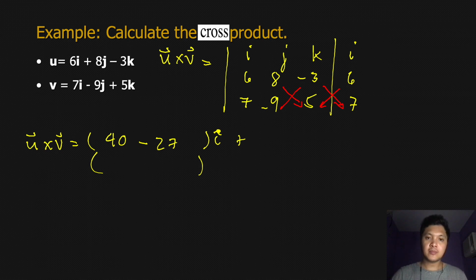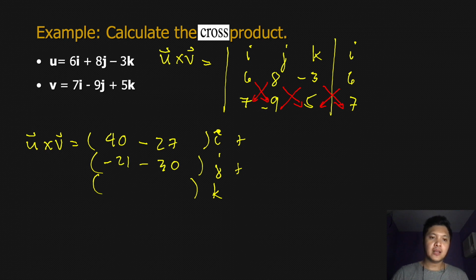So negative 21 here, minus 30, j, and then plus, now k hat, so disregard k, and then we do this. So 6 and negative 9 is negative 54, minus 7 and 8 is 56.